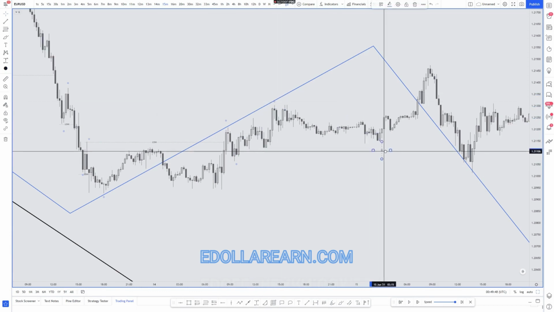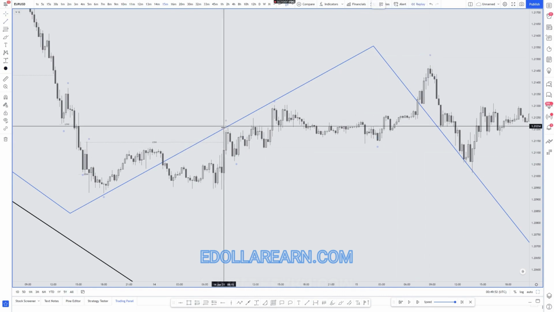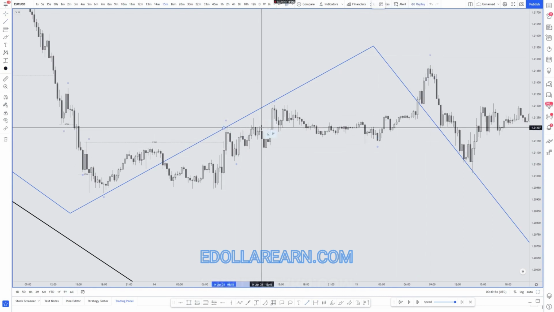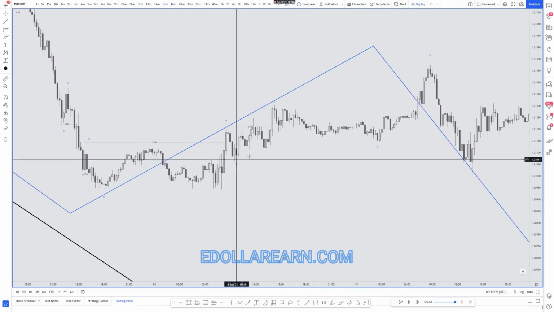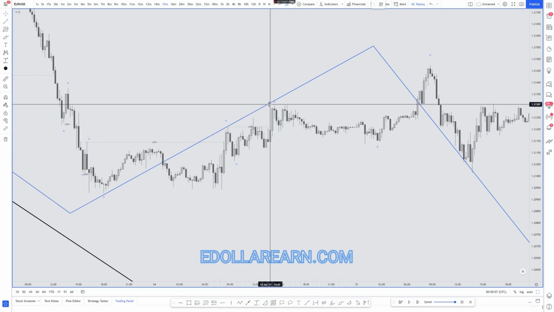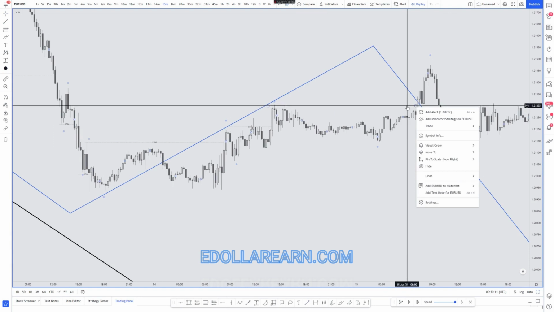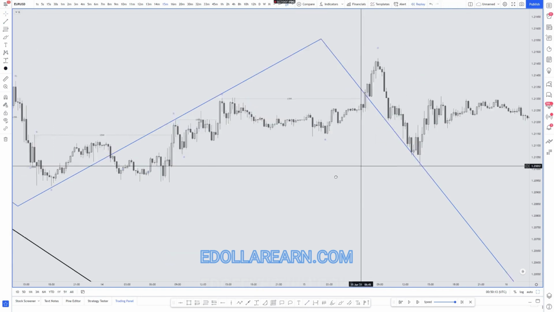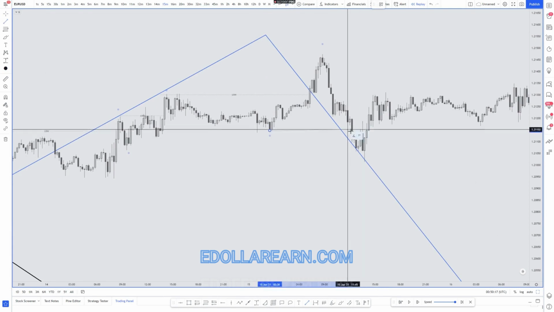And ultimately, this would be your structure points here. Another structure point here. And your low gets violated here.